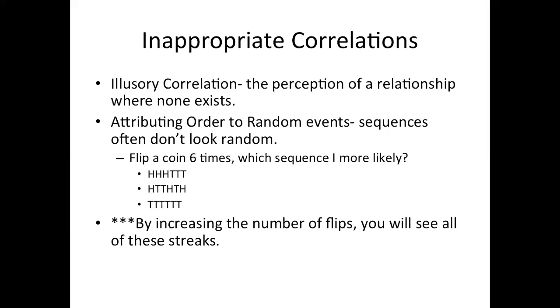The first option, 3 heads and then 3 tails. The second option, head, tail, tail, head, tail, head. And then the last option, 6 tails in a row. If I were to ask you which of these is more likely, what would you say? Which of these 3? The first, the second, or the third?